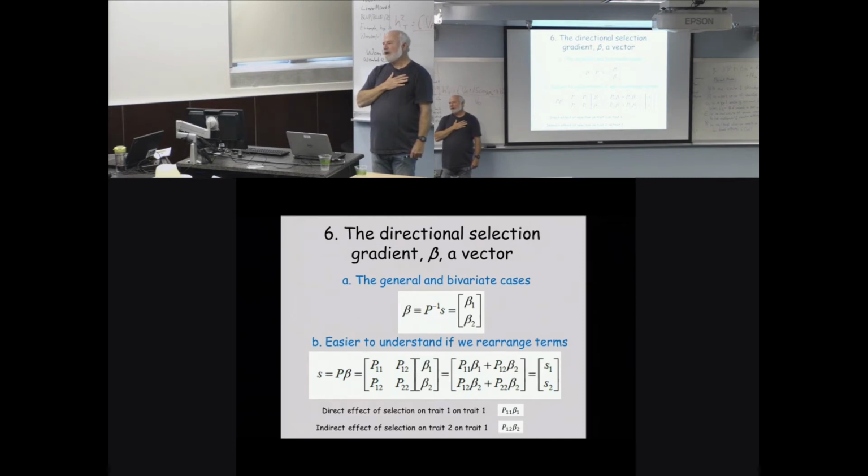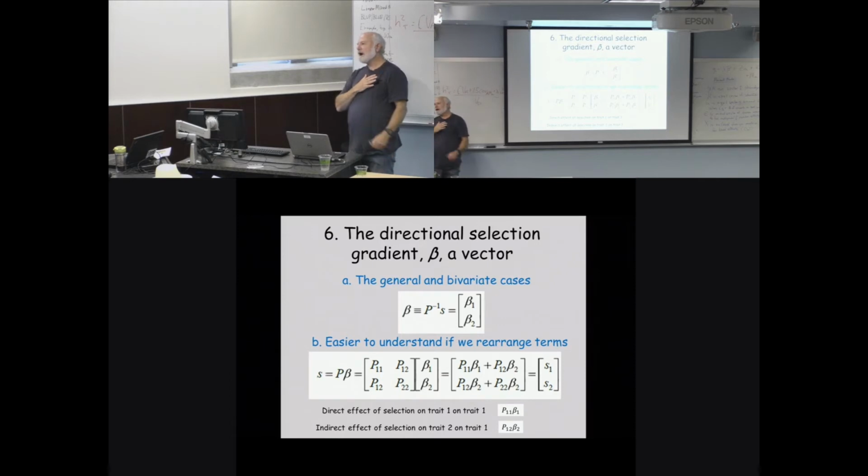Sometimes, in our paper in '83, Lande and Arnold, we talk about so-called cross-sectional studies of selection. For example, sometimes you have a sample of individuals before selection, and then you have another set of individuals that you sample after selection. But you don't know the history of the individuals. So you're cross-sectional in the sense you take a snapshot then and a snapshot here, and you say, if I knew what the fates of the individuals in the original sample were, it would be faithfully represented by this sample.